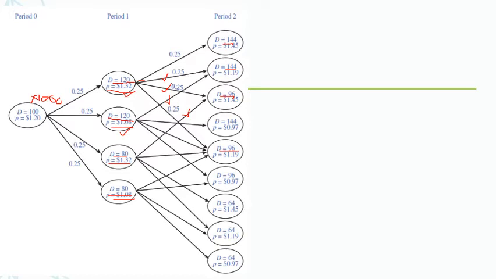What is that? 120, D decrease, P decrease. That is the first combination with respect to this node. With respect to this node, D decrease and P decrease. With respect to this node, D decrease, P increase, and finally this one.